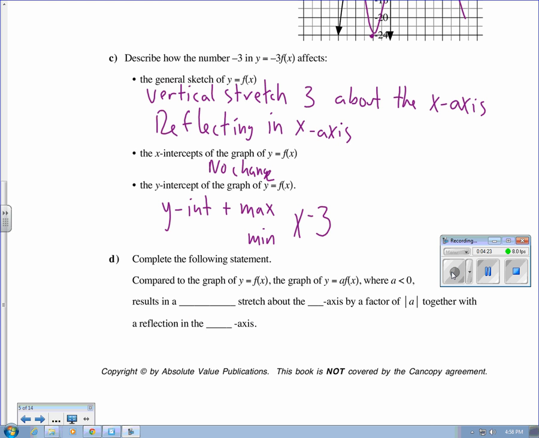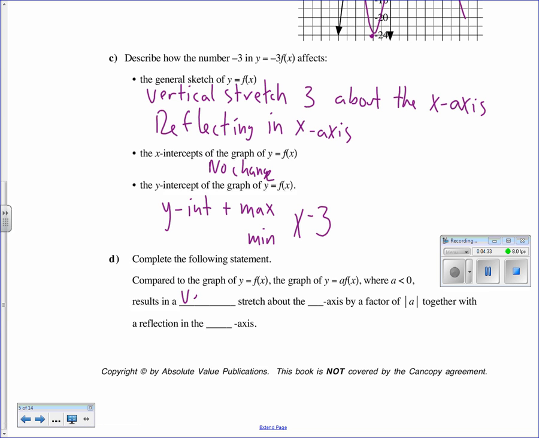Can I make that into a nice statement? Compared to the original graph, the graph of a times f of x, where a is less than 0, so a is negative, results in a vertical stretch about the x-axis by a factor of a, together with a reflection in the x-axis.